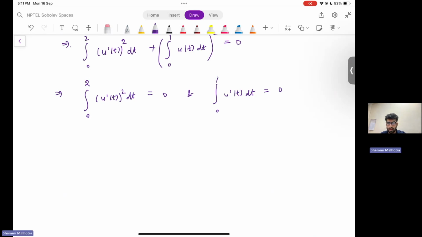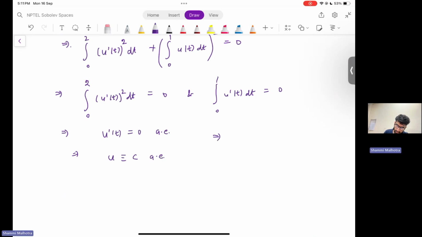Since I have this u dash t integration to be 0, and since u is again continuous, because again of the embedding, this pointwise makes sense. So this implies that u dash t has to be equal to 0 almost everywhere. And once that's the case, this implies that u has to be identically a constant almost everywhere.